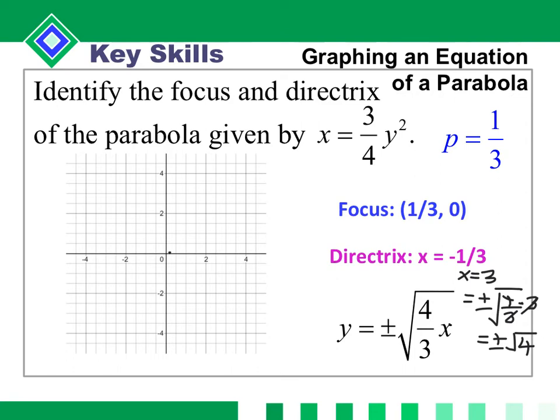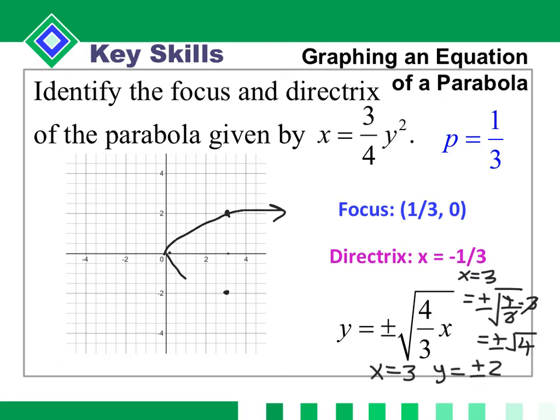So I'm left with plus or minus square root of 4. So when x is 3, I get y is equals to plus or minus square root of 4, so plus or minus 2 for y. And here is my parabola.